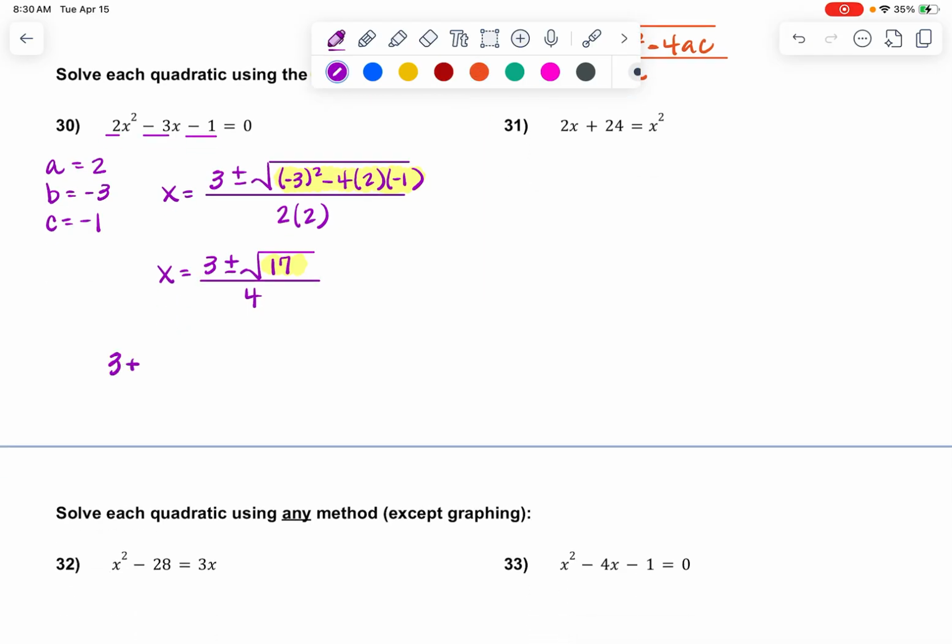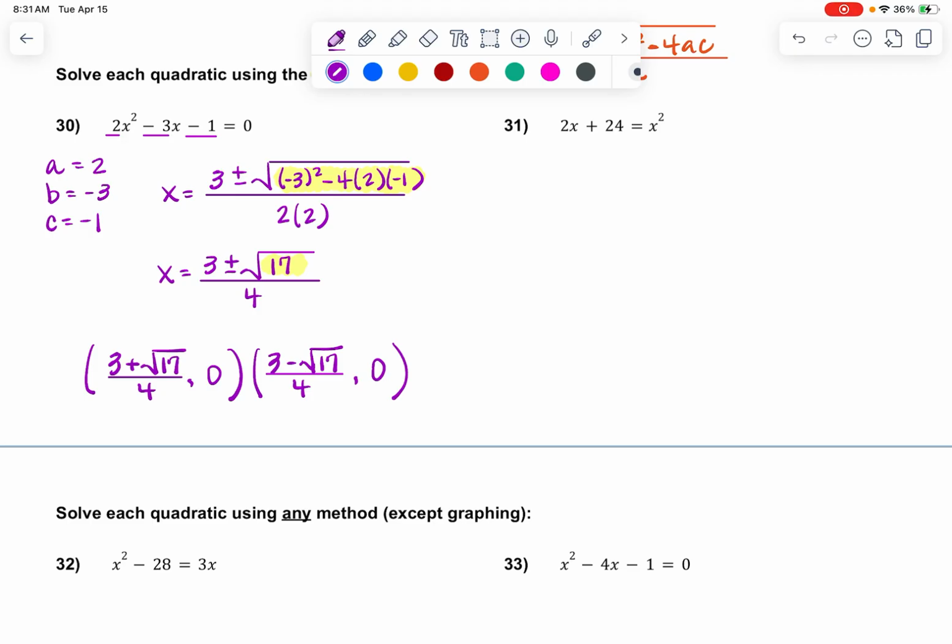So 3 plus the square root of 17 over 4, comma 0. And then, of course, 3 minus the square root of 17 over 4, comma 0. And I know those are pretty gross looking answers, but that's okay. Those are exact answers that keep me from having to round and have rounding error at the end.